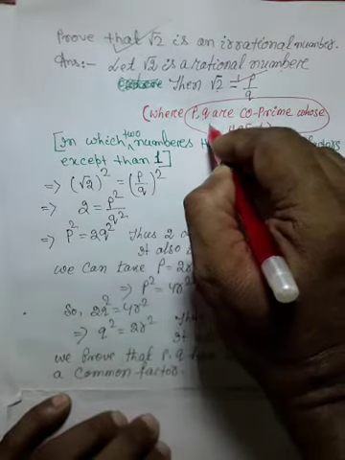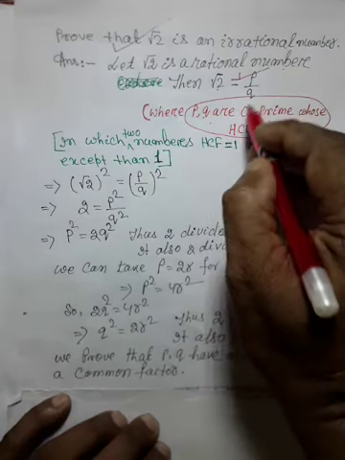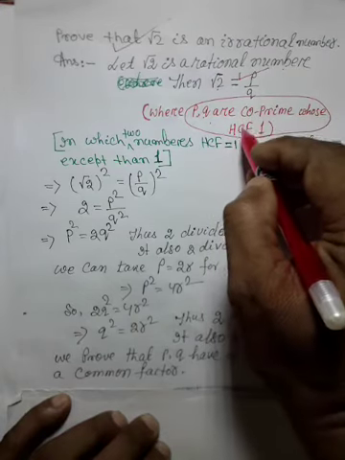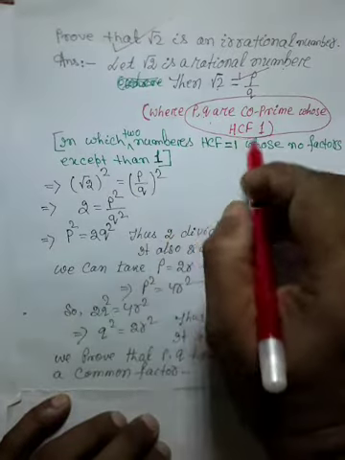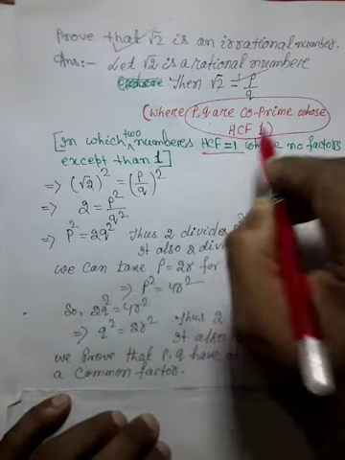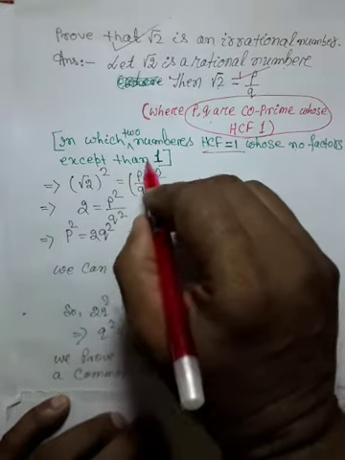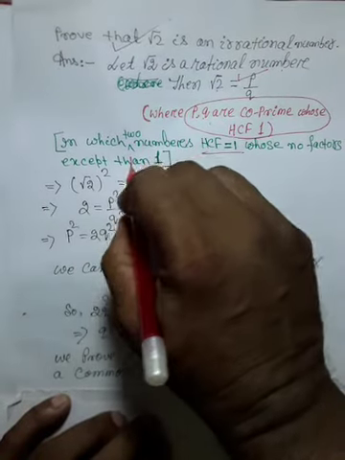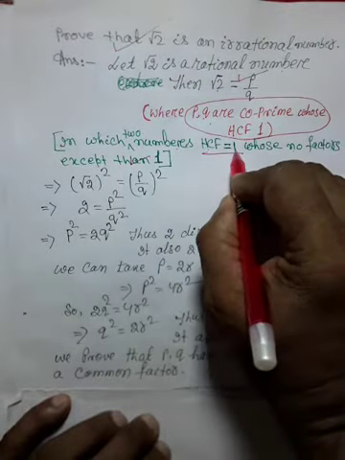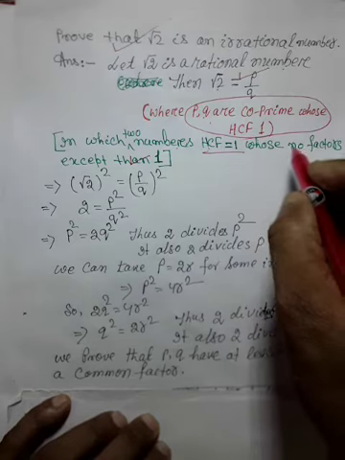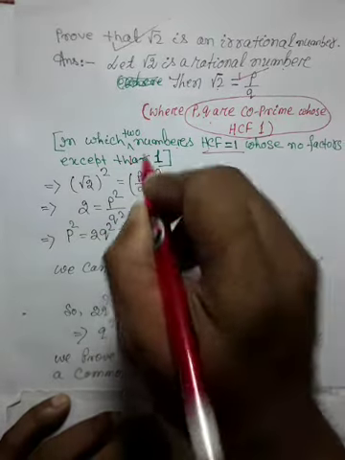For this condition, we have taken root 2 equal to p by q, where p and q are co-primes, whose HCF is 1. The two numbers whose HCF is 1 have no factors except 1.